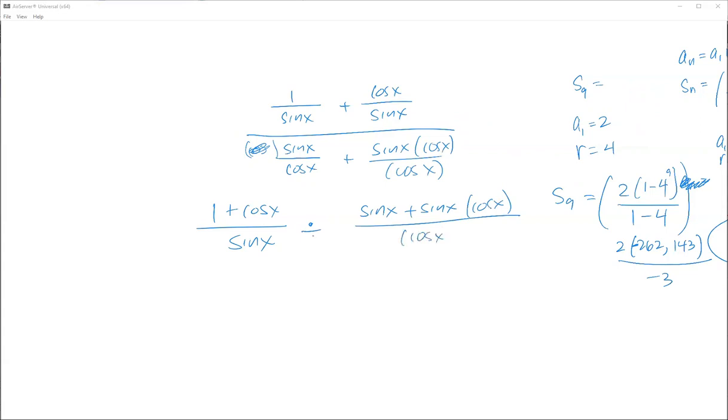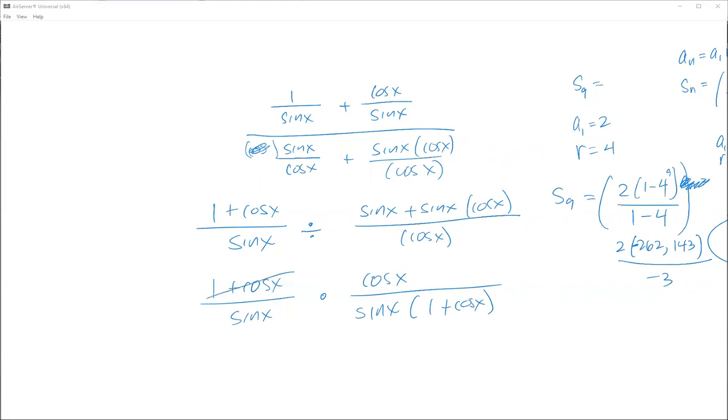Remember, you're dividing this, and then you're going to multiply by its reciprocal, so it'll be 1 plus cosine x over sine x times cosine x, right? And then on the bottom, I'm going to factor out sine x. It becomes 1 plus cosine x.